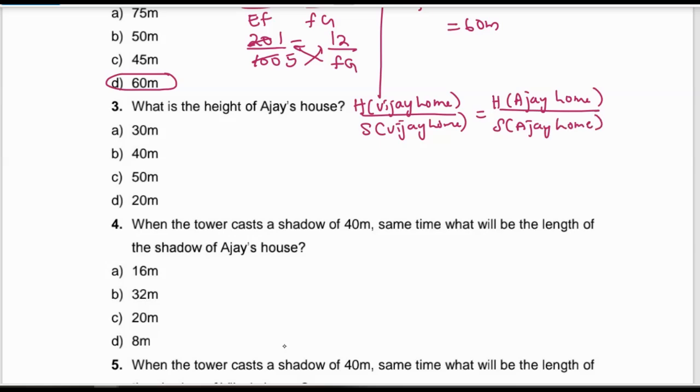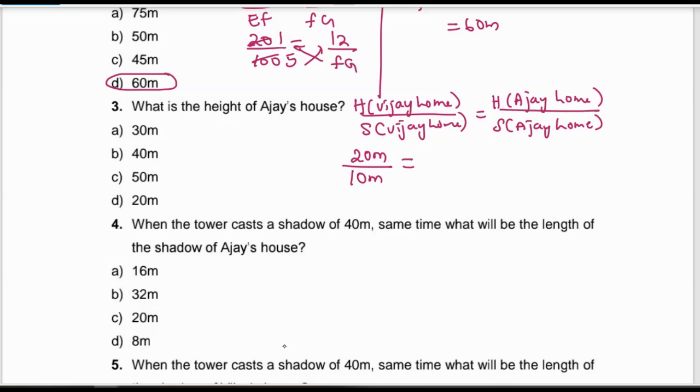So here we can see that the shadow of the Ajay house was 20 and shadow of the Vijay house was 10 in the beginning, right? Without changing the value.